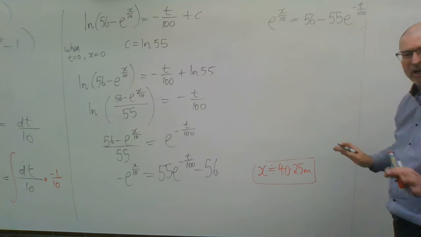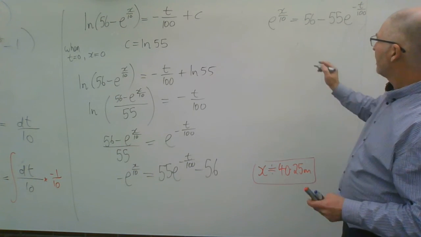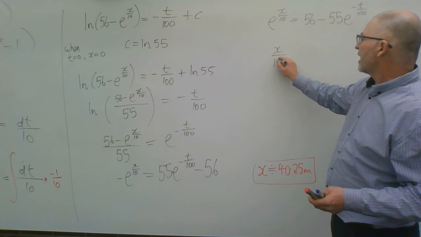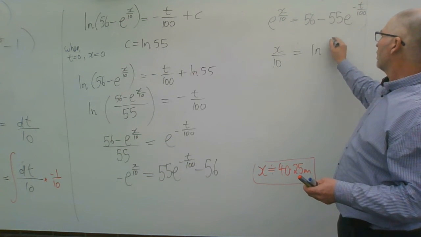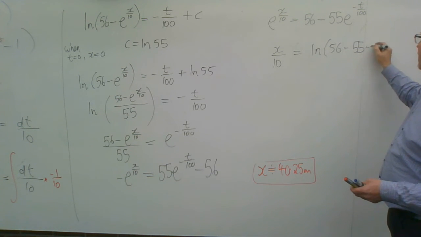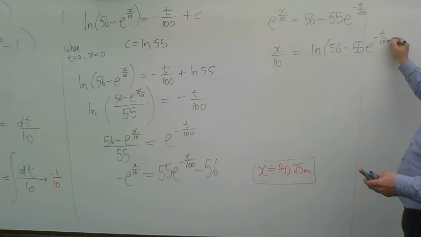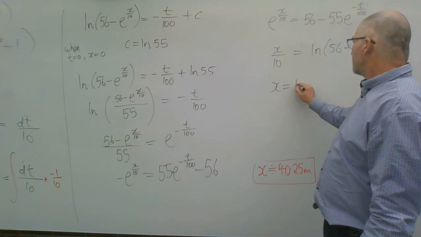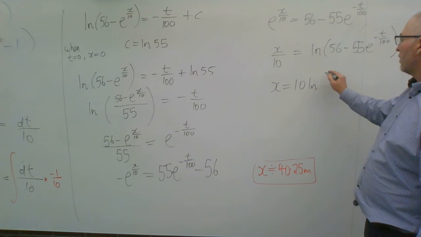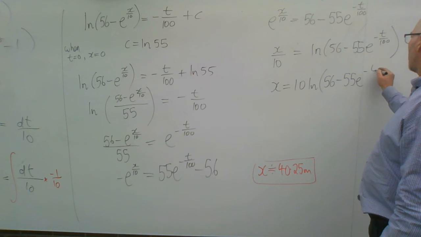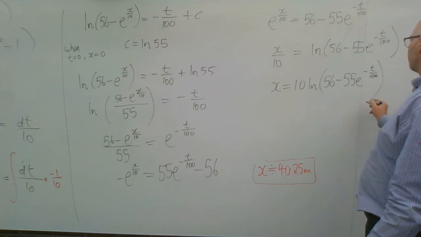So I just times both sides by minus 1 to make it easier. So I take the natural log of both sides and I get x on 10 equals natural log of 56 minus 55 e to the minus t on 100. So x equals 10 times the natural log of 56 minus 55 e to the minus t on 100.